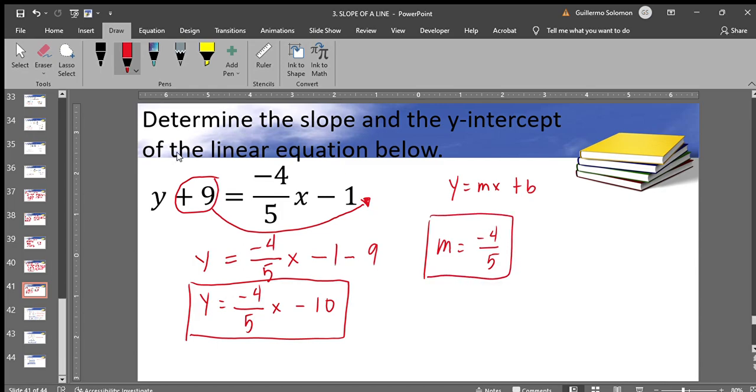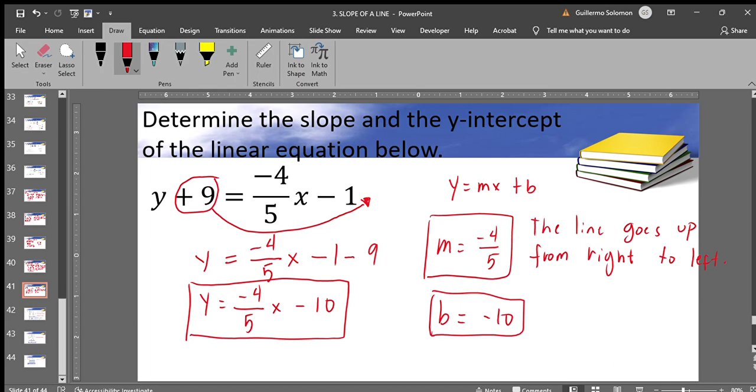And our graph is the line goes up from right to left. Okay, so our b here is negative 10.